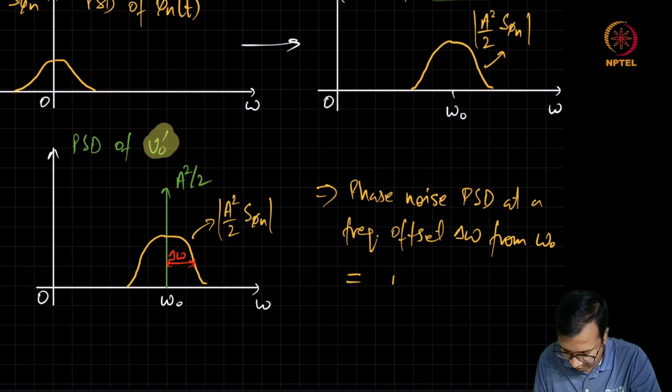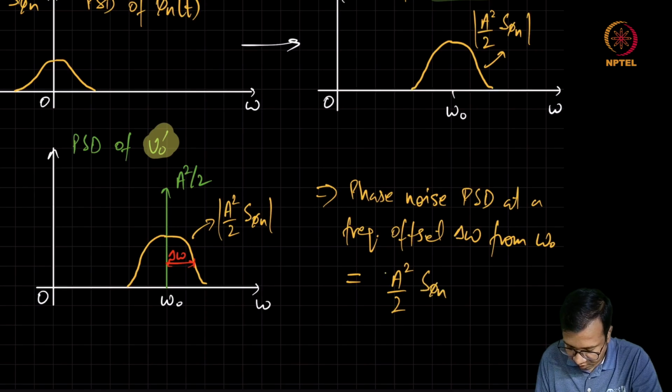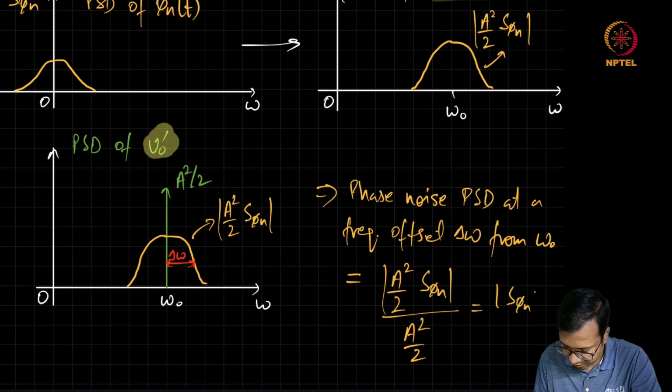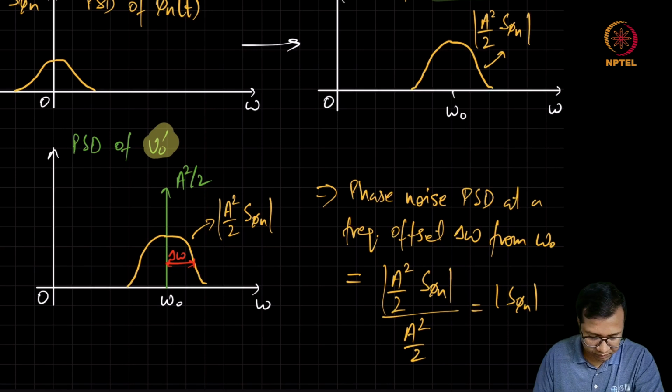So this is going to be A squared by 2 S phi n divided by A squared by 2, which is equal to the PSD of the phase noise.